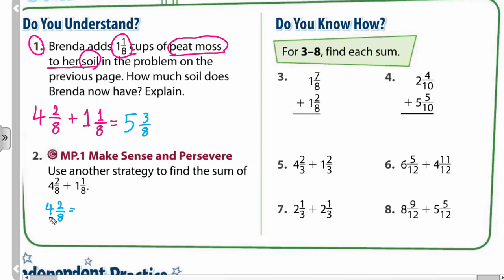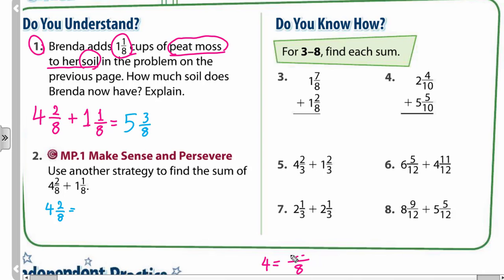4 is 8/8 plus 8/8 plus 8/8 plus 8/8, or simply, how many 8's in 4? Can anyone help me? The whole 4 is how many? Okay, Ali, how many 8's in the 4? The whole one is 8/8.